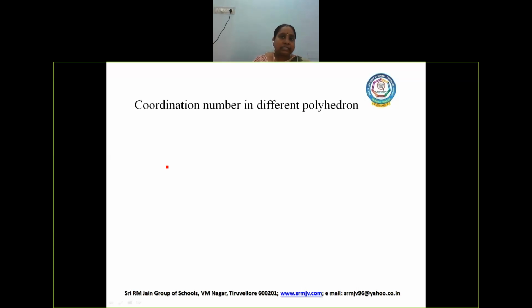Already I told you there are 3 common polyhedra in complex compounds. The first is where the metal atom gets attached with 4 ligands, and this structure is called square planar.